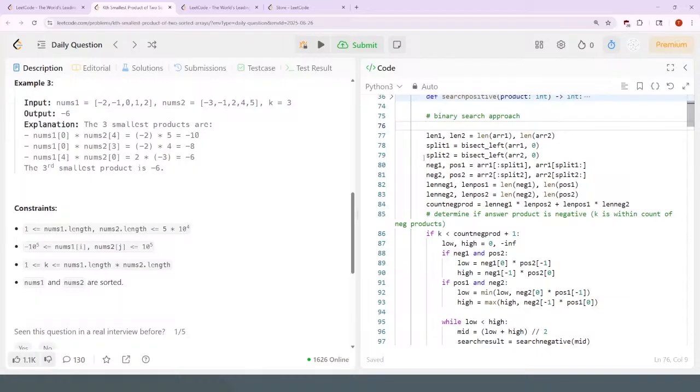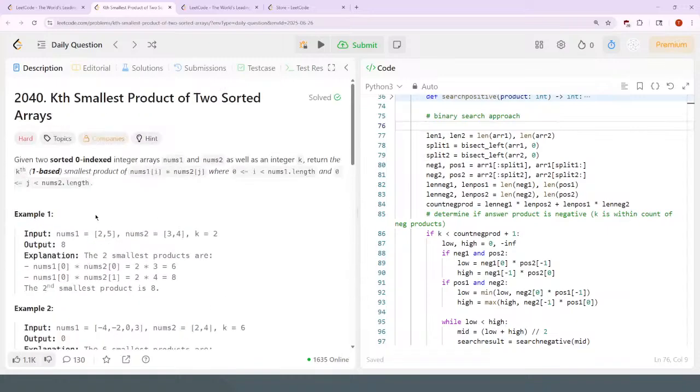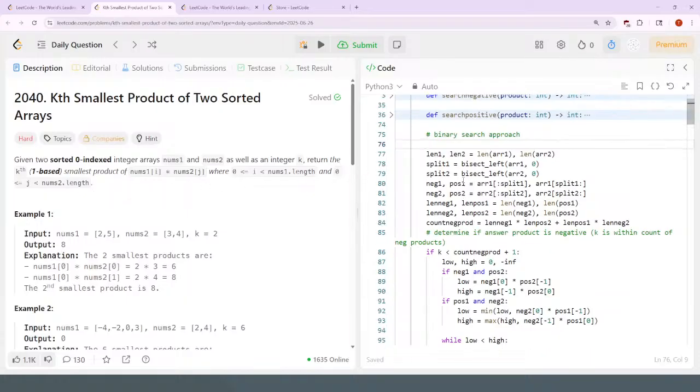But for the binary search approach here, if you think about searching for a certain product, that product is going to be above some number of other products in terms of the order of the possible n times n different products that you can get. Some of them are going to be repeated, but whatever.